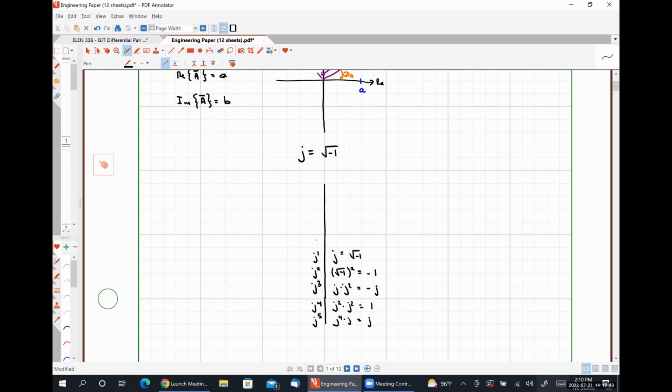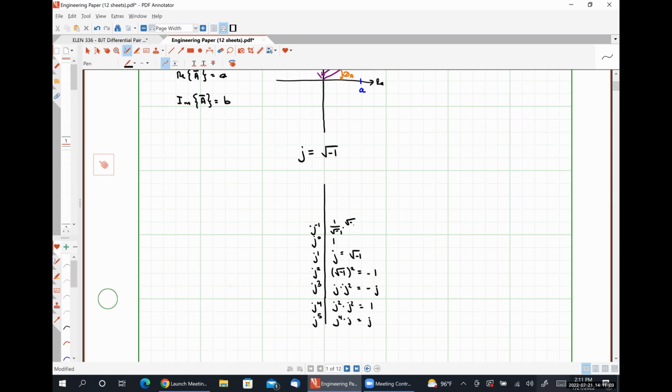We go in the other direction. J to the 0 must be 1 because anything raised to the 0th power is 1. J to the negative 1 is 1 over the square root of negative 1.